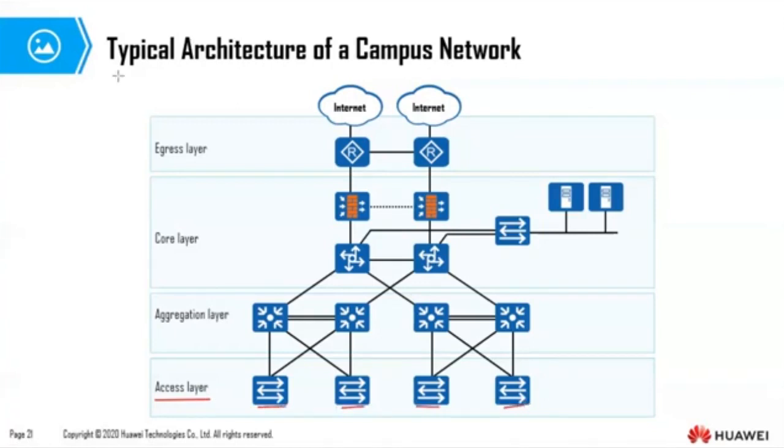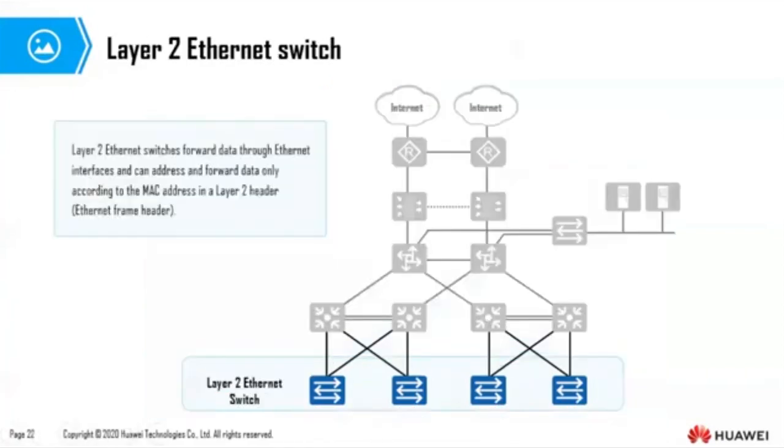We don't use layer 3 switches for the access layer. Okay. So these switches are also referred to as what? Layer 2 Ethernet switches. As I said again, they are the ones that are closest to the end users and are used to provide connectivity to the end user devices.